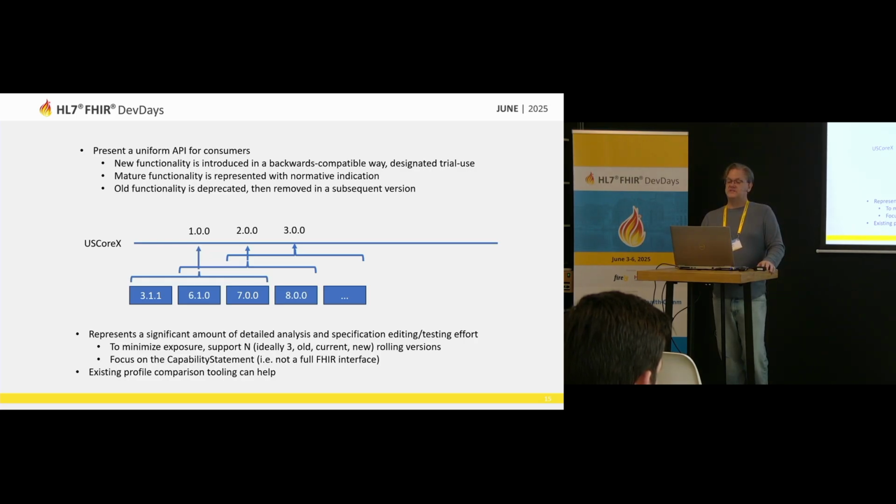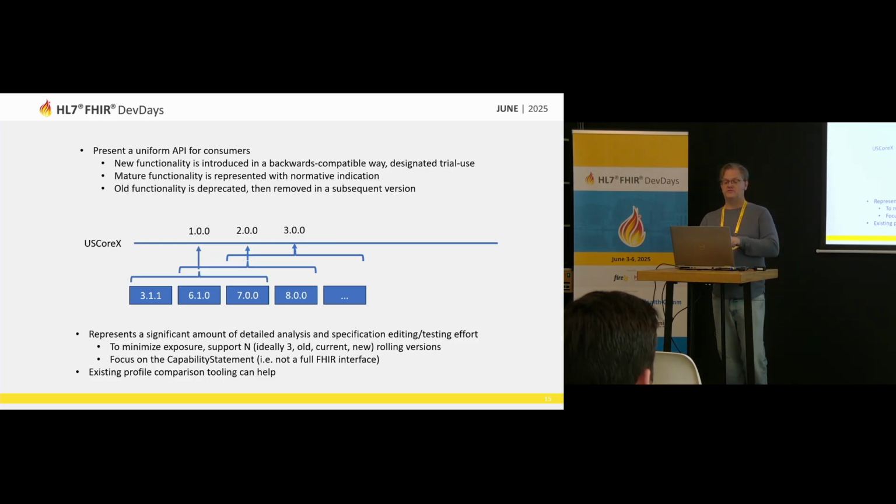There's a little more detail on that, but this is the approach that Da Vinci guides like CRD and DTR have all been taking. There are version-specific wrapper packages for each US Core version, so instead of depending on just one version of US Core, CRD actually depends on all 3 versions.